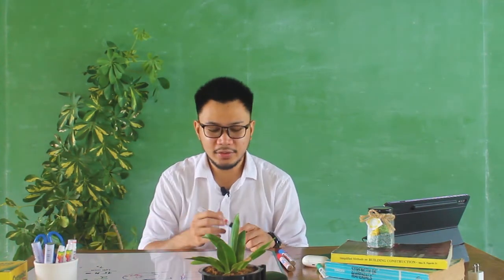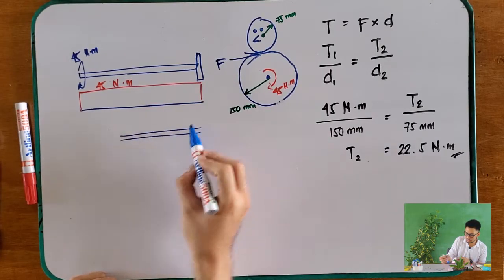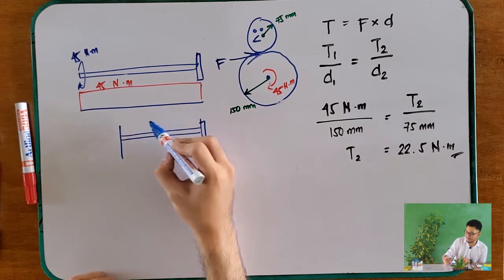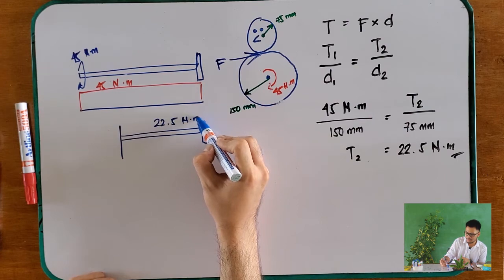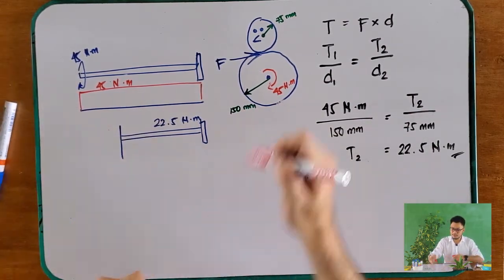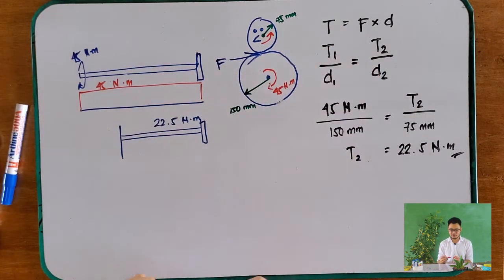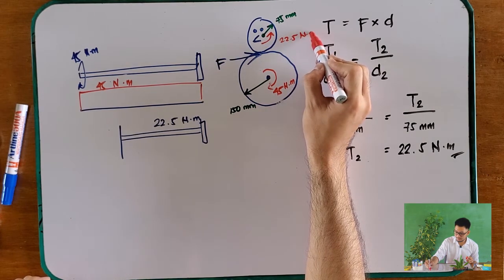Yes, I am. Okay? So therefore, the internal torque in your segment DC is 22.5 Newton meter. And this one should be rotating the opposite direction. 22.5 Newton meter.